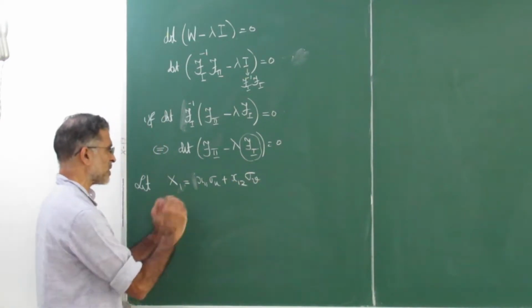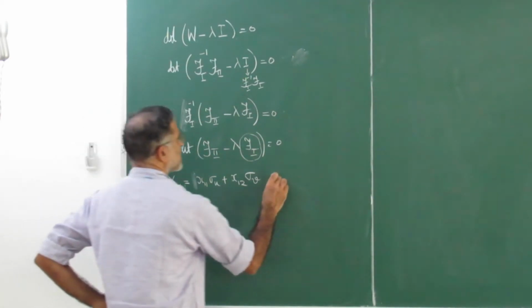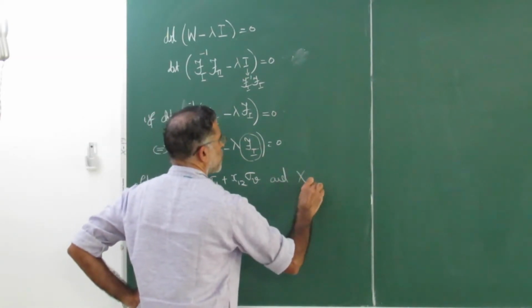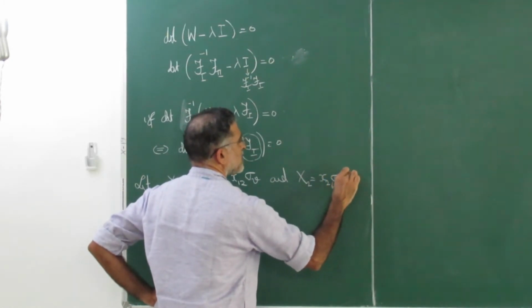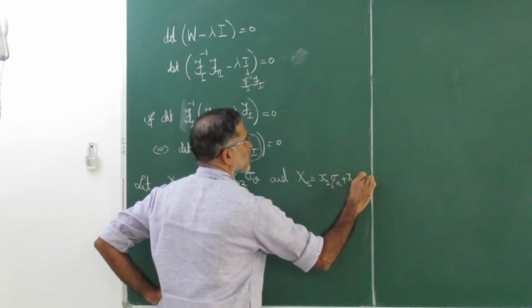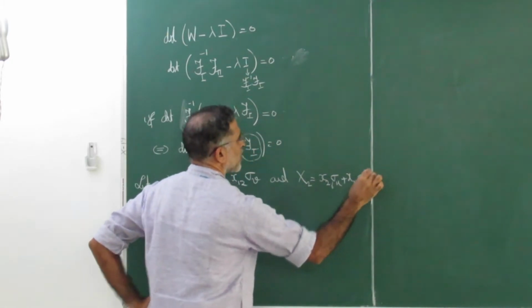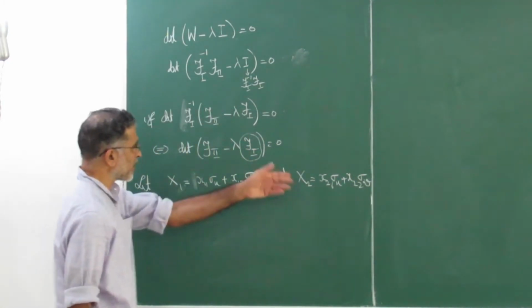I am using this because it's easy for us to write. And x2 will be x21 sigma u plus x22 sigma v. So let us take these two vectors.